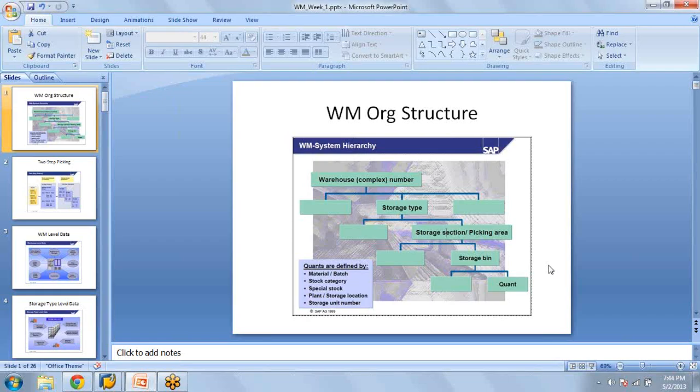But when I procure box number 2, it is saved as a different quant. Got it? Yes, got it. That is what they are showing here.